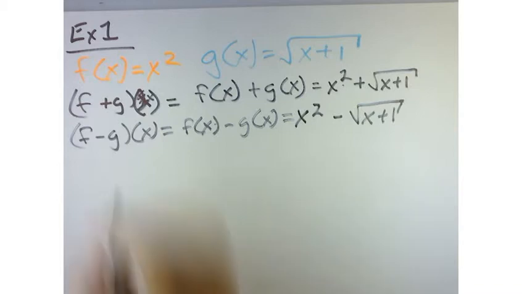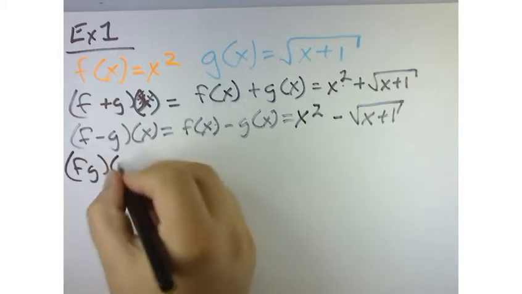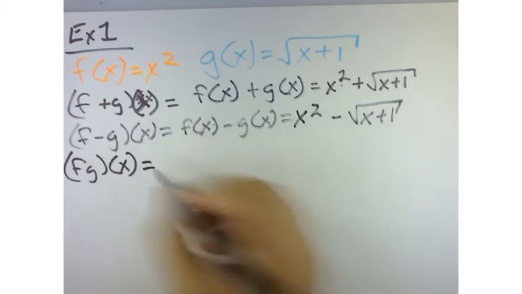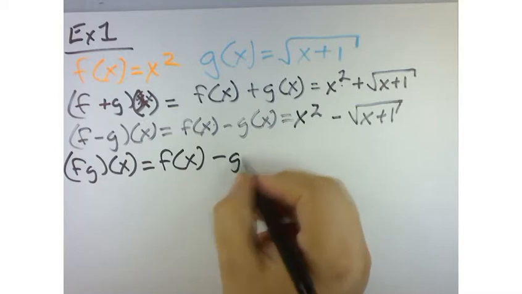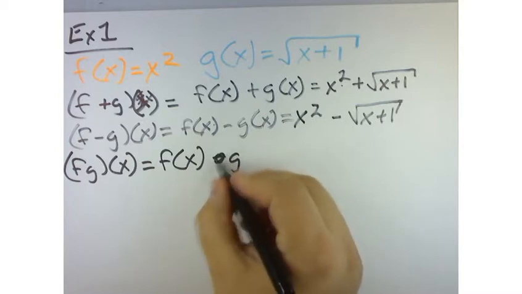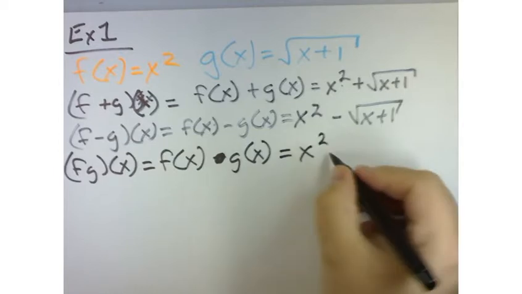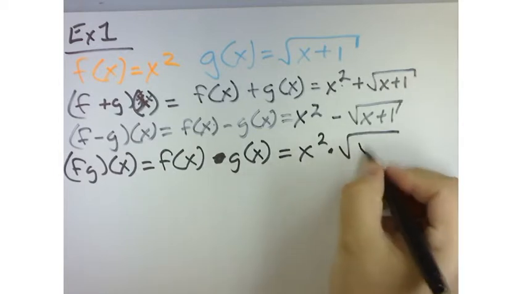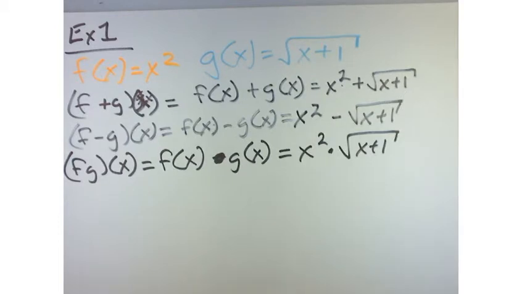All right, so now for the next one, if I say f g of x, or f times g of x, that's the same as f of x times g of x, which would be x squared times the square root of x plus 1. Okay?